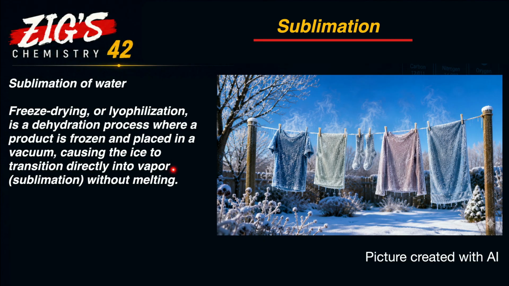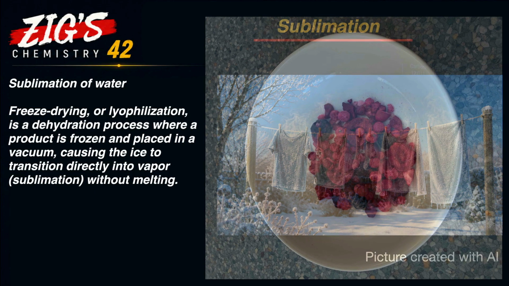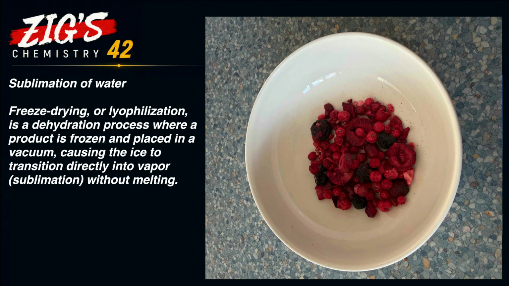You can get the ice directly into vapor without melting. And I bought, just for that purpose, some of these wild berries that have been frozen and then freeze-dried. So these are freeze-dried berries. This is a process that is used a lot for different things, as I said, in food chemistry and also in medicine.